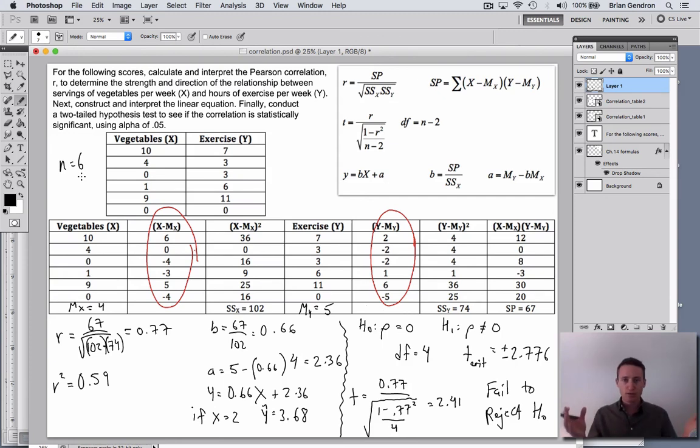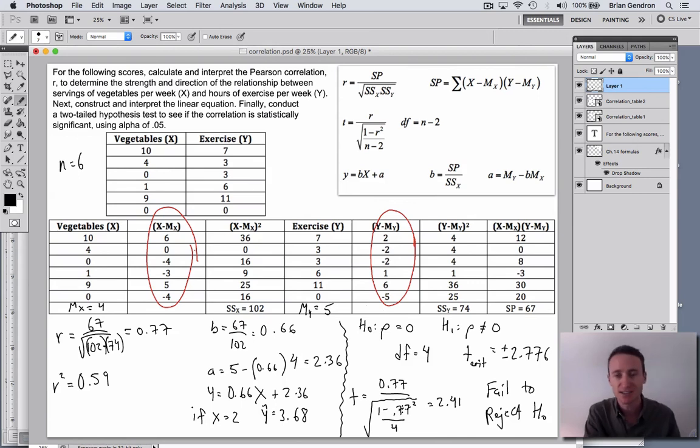So one of the rules in social science research, probably I think any research to be honest, is larger samples are better because the larger your sample, the more representative that sample is of the population. In other words, larger samples bring about less error. So this error term down here is just too large.